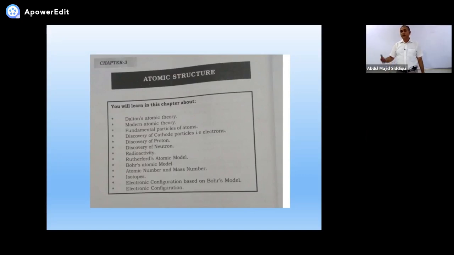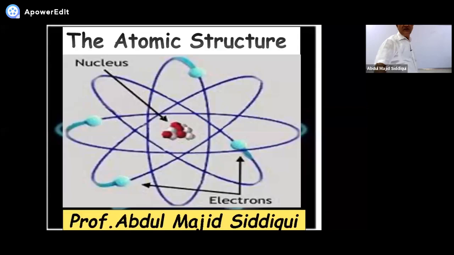That is, what are the various steps through which the scientists went to present a structure in front of us. All right?